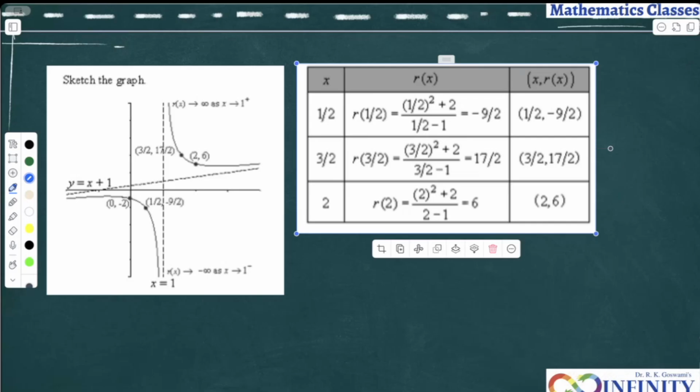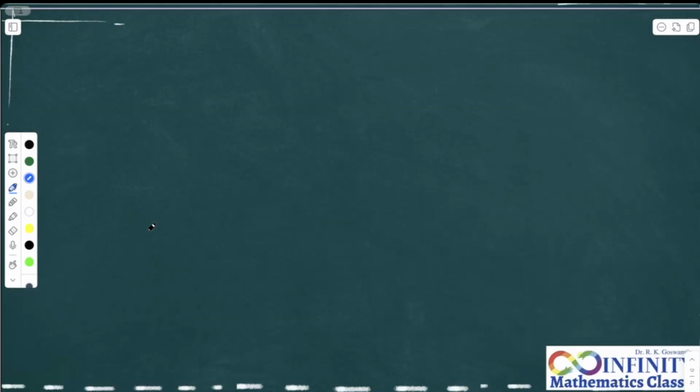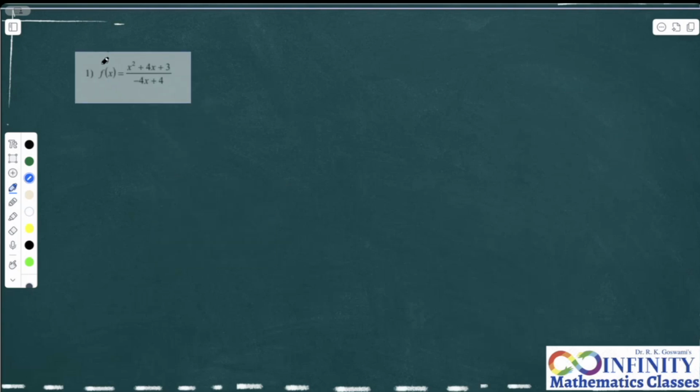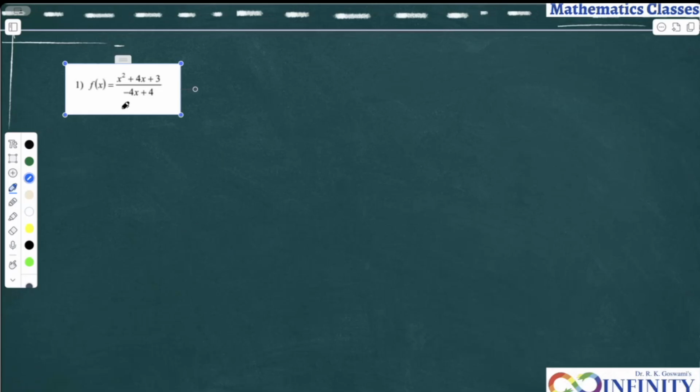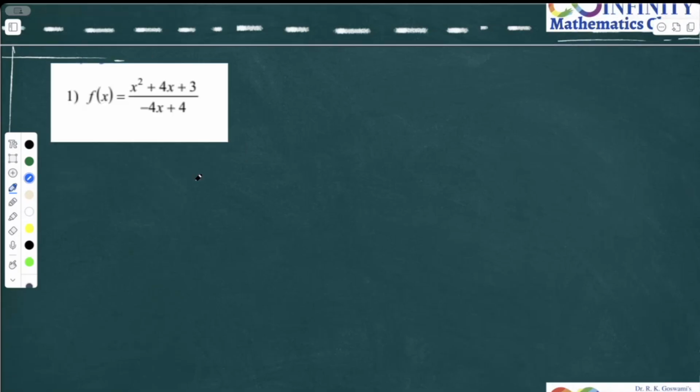You have some questions based on the same exercise I'm talking about. In the exercise, it is given to you as L1B.7 sketch rational function.